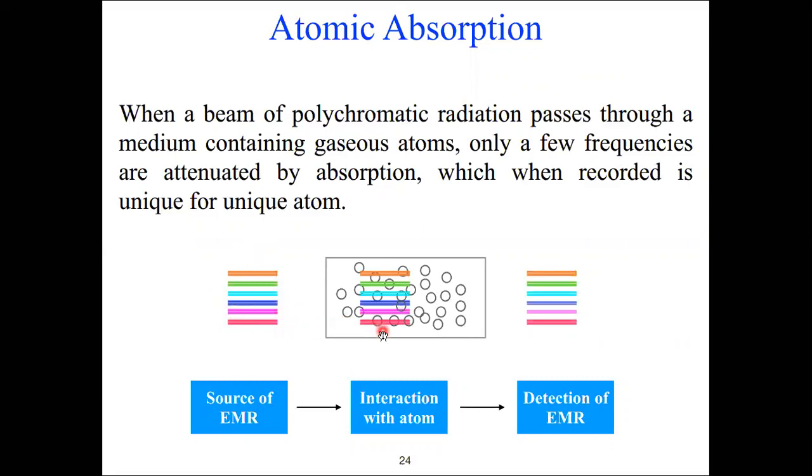When they are passed through the gaseous atoms, these circles being the gaseous atoms, there is an interaction between the atoms and the electromagnetic radiation, which is the spectroscopy. Some of the wavelengths are absorbed by the atoms to move the electron from the ground state to the excited state.